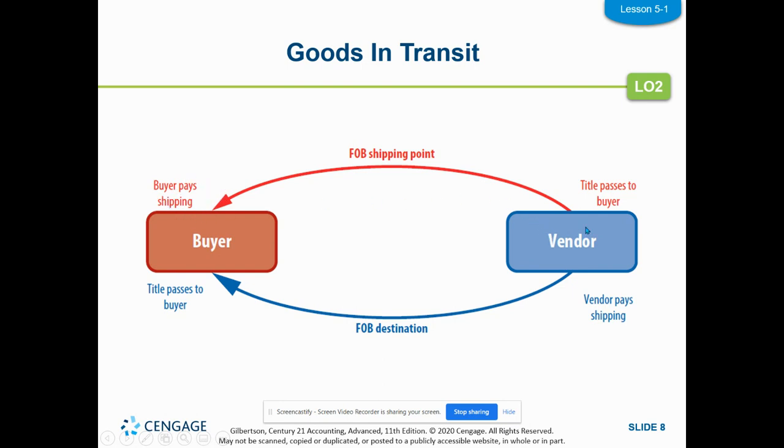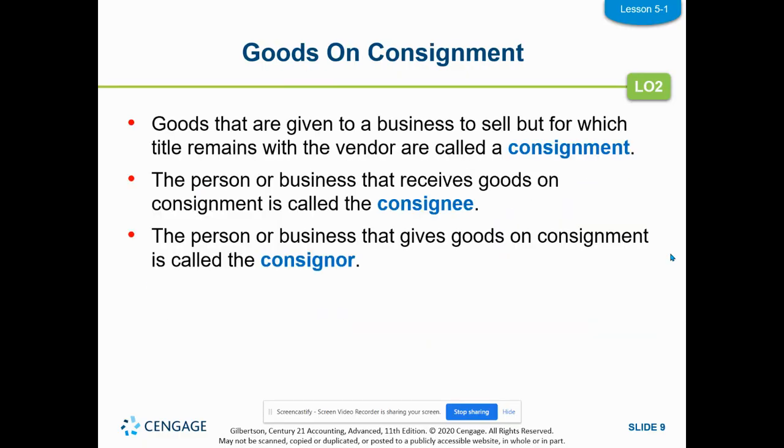If I have Amazon Prime, I am FOB destination, and the vendor pays for the shipping. So I'm FOB destination with Amazon Prime, and I'm FOB shipping point with regular Amazon. I think that's the greatest example. It works fabulous for what we need.